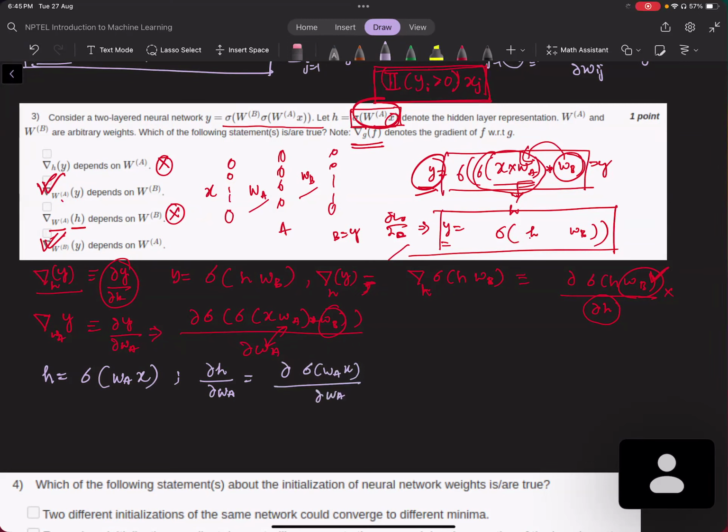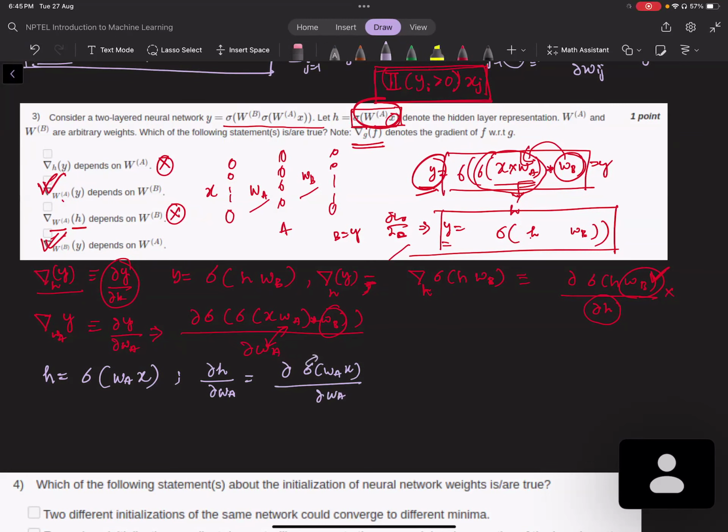Let's say this is linear, identity. Then this is dependent only on X. If I differentiate this, if it is identity, the answer would be X. So it doesn't depend on WB, right? So that's what it is saying. After calculating this, it will depend on only X, not WB.